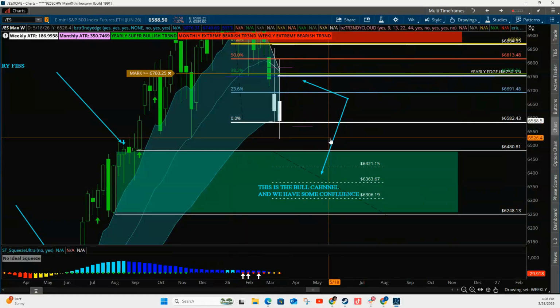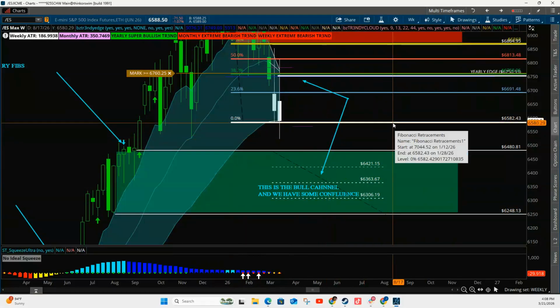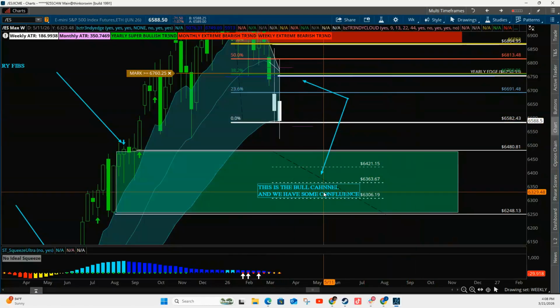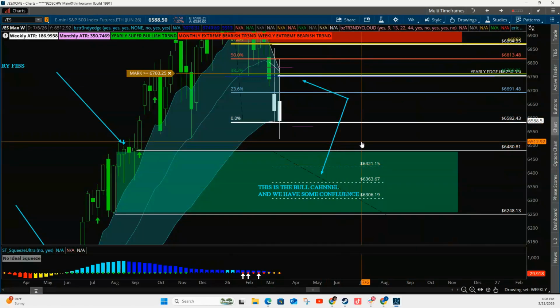So we want to make sure that we are using, wait, the trend is down. Should we be using a modern or a classic zone? Modern or classic? Modern. Okay, so we've got to make sure we're using modern zones.